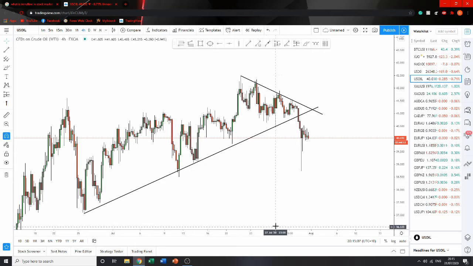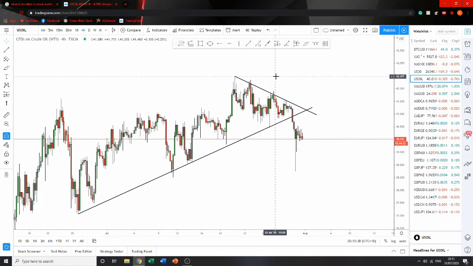So, complete opposite. As prices peaked, we're looking for a lower high, so it's lower than the previous high, and it's the high point of that movement. Now we've rejected, coming down, a lower high, and now we've broken that trend line.